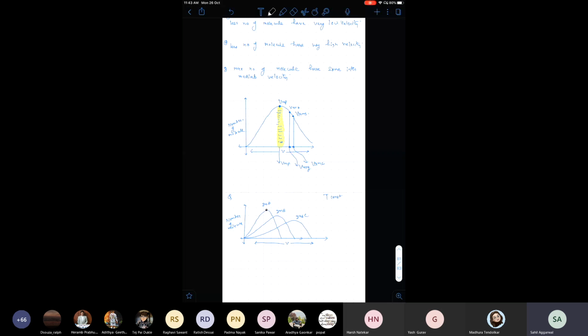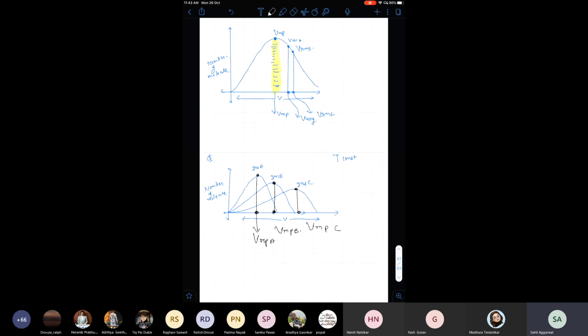So this is the most probable velocity of A. ये A की most probable velocity है. This is the most probable velocity of B. And this is the most probable velocity of C. As you said, most probable velocity is inversely proportional to mass. तो जिसकी velocity ज्यादा है उसका mass कम होगा.